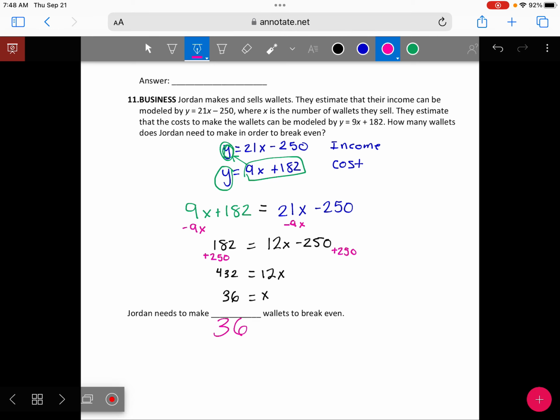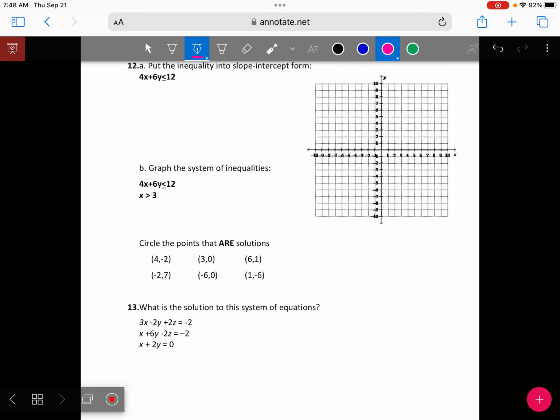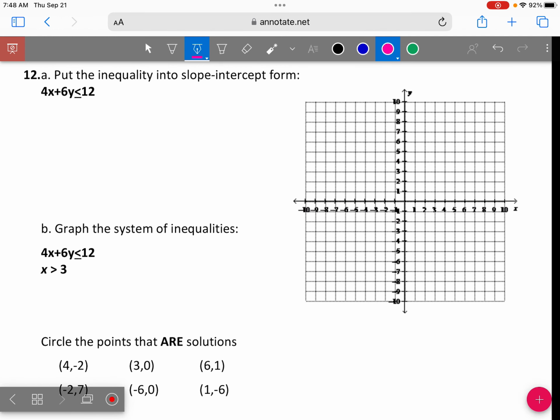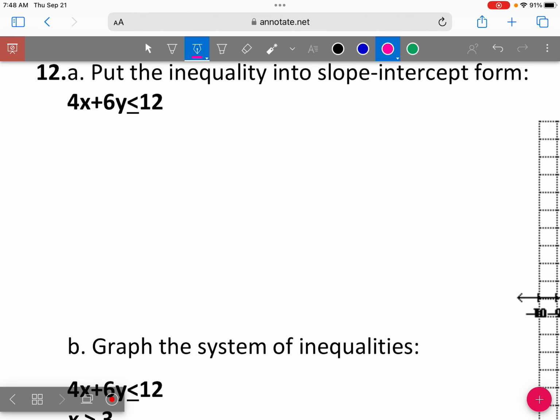Ah, the inequality. So the first request is to get this guy in slope-intercept form. It's smushing a few things together. We're going to get this in slope-intercept form first, which means I need y by itself. What do we need to do in order to get y by itself here?